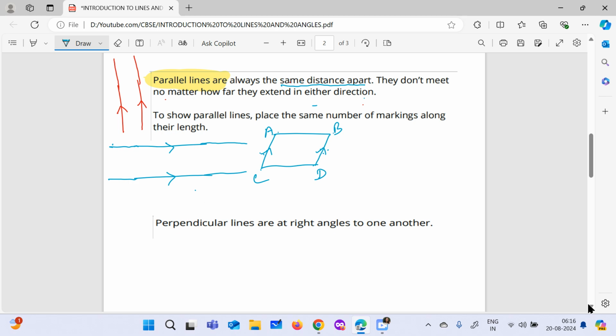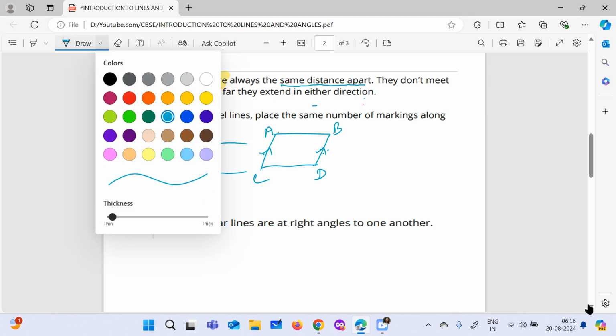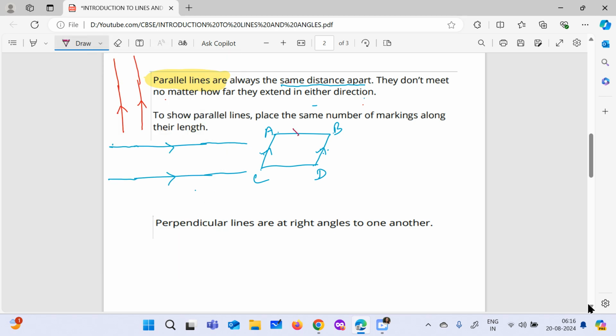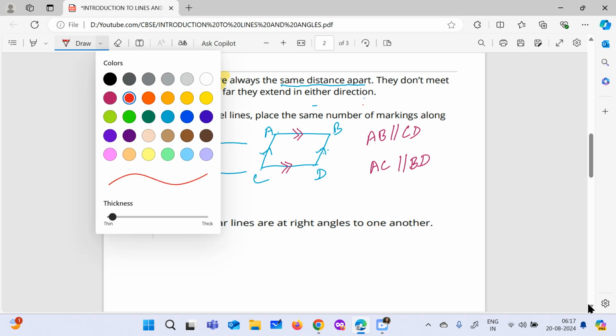To show that, I will not just put one mark. I should make a different marking, and that marking can be the same arrowheads, but the number will increase. So I will put it here like this. So I can say AB is parallel to CD, and AC is parallel to BD. This is very important to understand, how to read when it comes to the diagram. Suppose you can have a compounded shape as well.